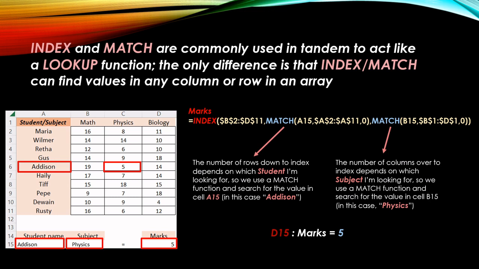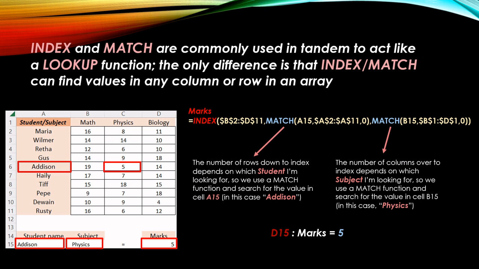And then similarly allow the teacher to select which subject he or she wants to check, and when you insert that into a match function based on the array from B1 to D1 only here, that will tell you how many columns over to move. That is all about the subjects we are talking.